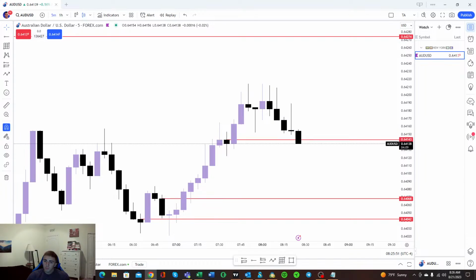Now we wait. So if it closes on the other side of this line now that it's touched it, then we're not getting in. If it closes above the red line, now we are getting in.